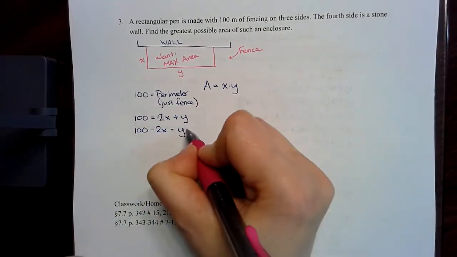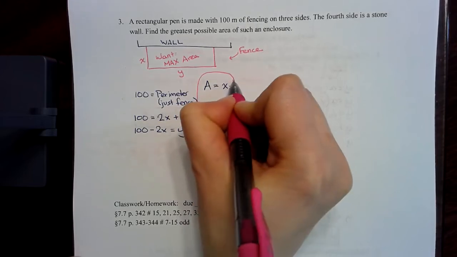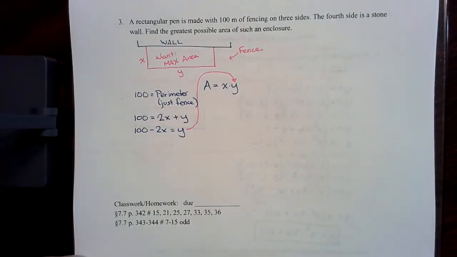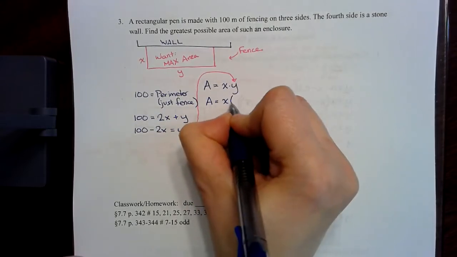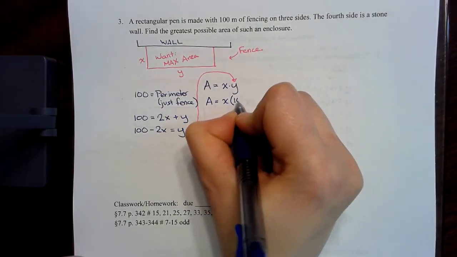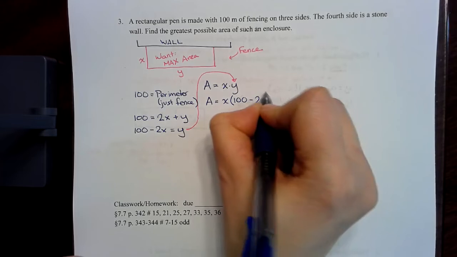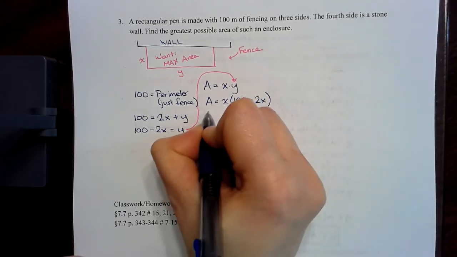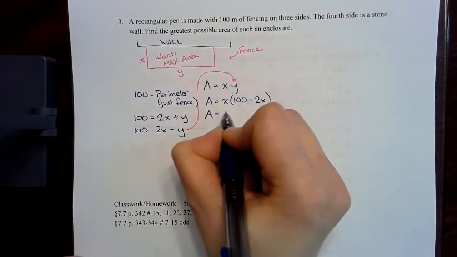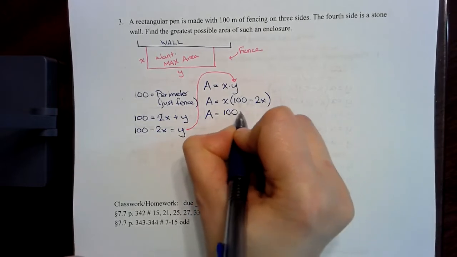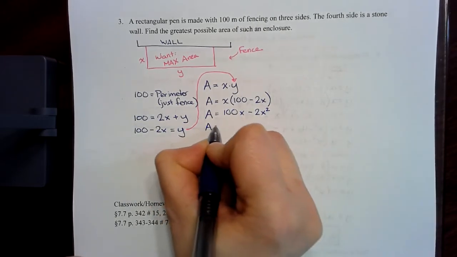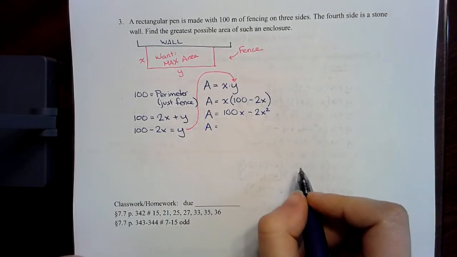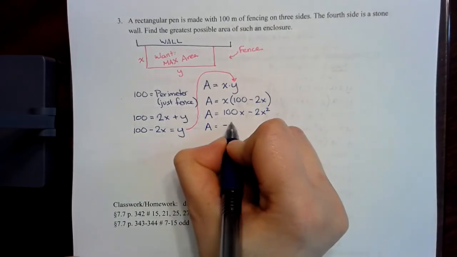So I'm going to take this and plug it in to my area function. So let's multiply that out. And I'm also going to rearrange it into the order that I'm used to seeing it.